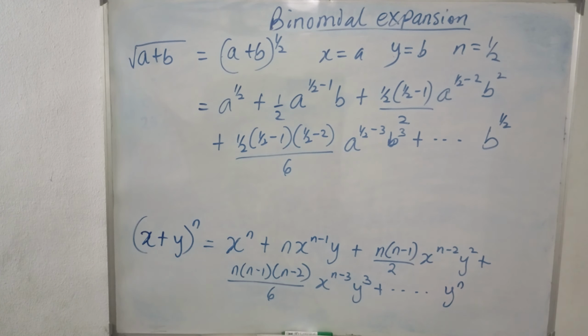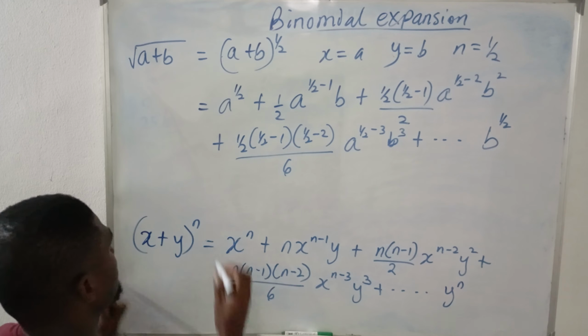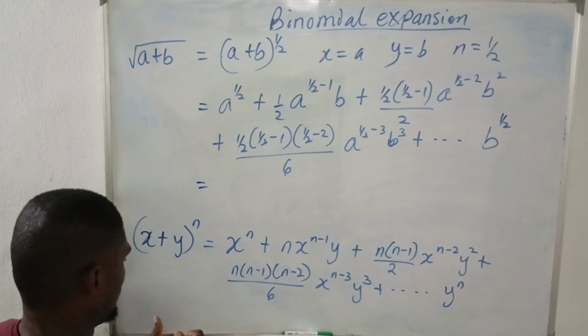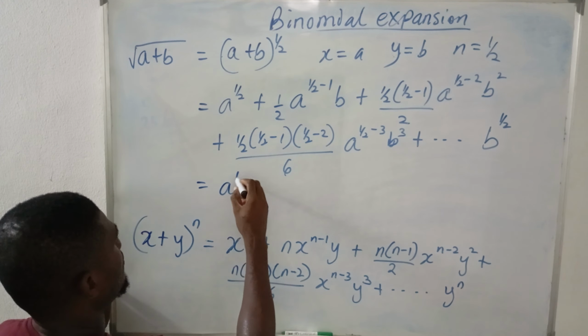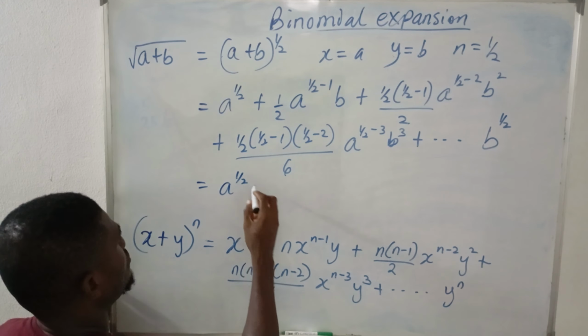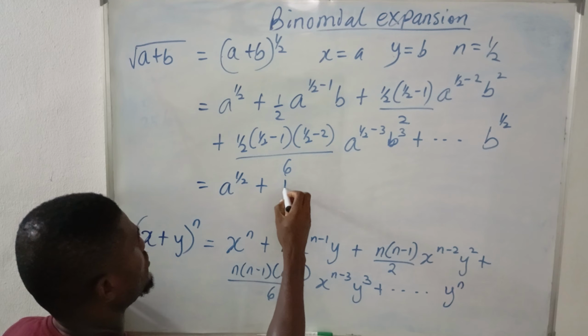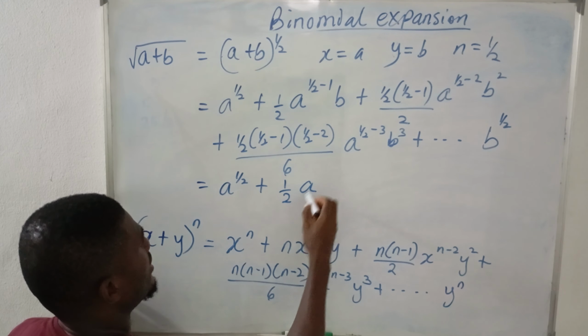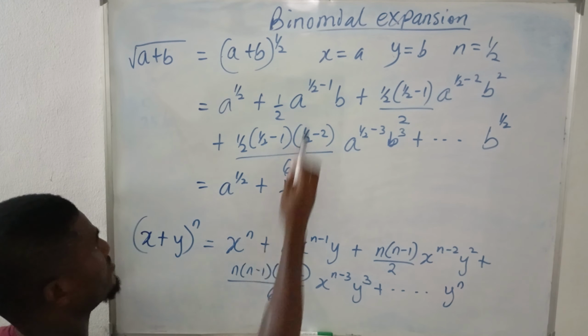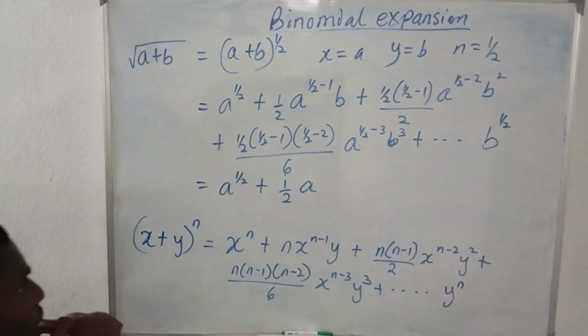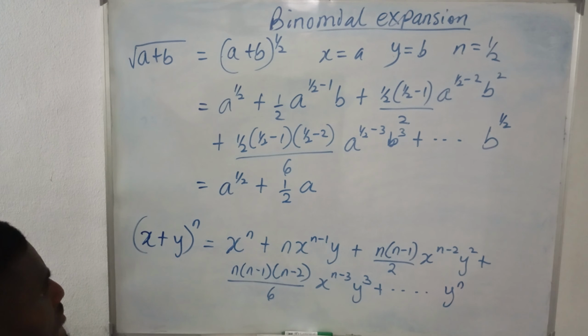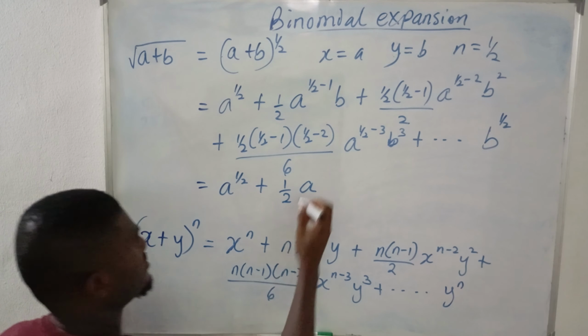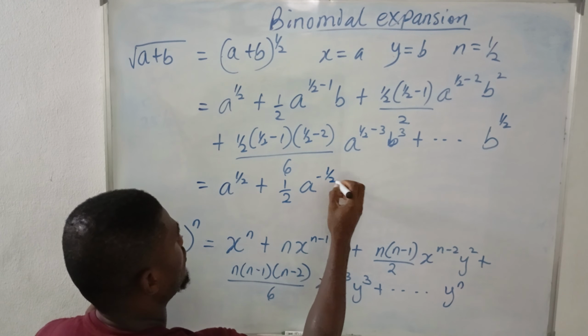So you can continue now. Now we have 1 over 2 here. So the coefficient is 1 over 2, and our A is raised to 1 over 2 minus 1. And 1 over 2 minus 1 is the same as negative 1 over 2.